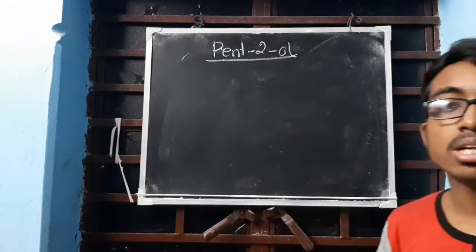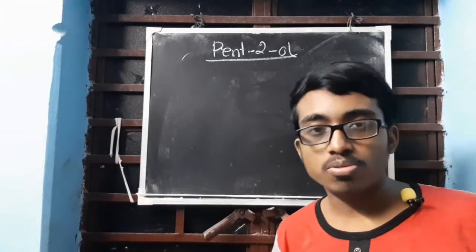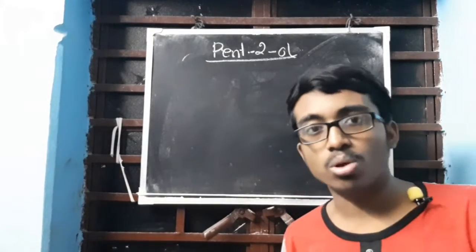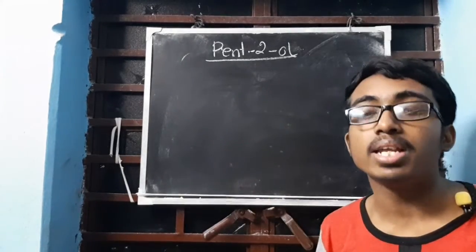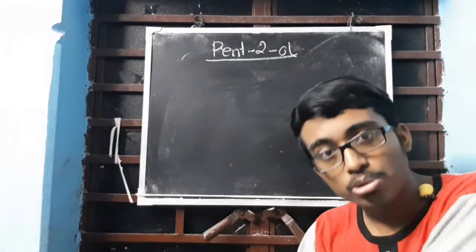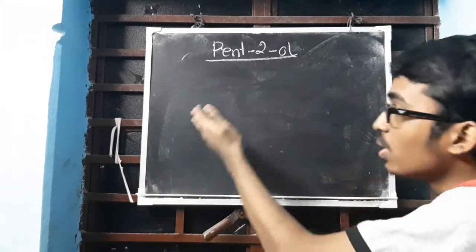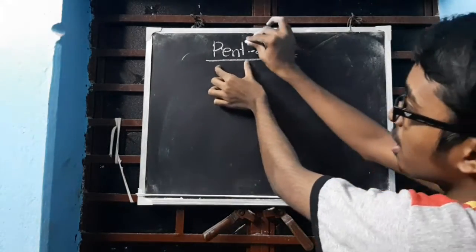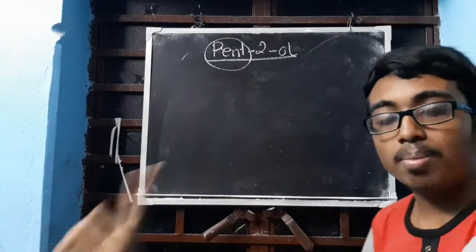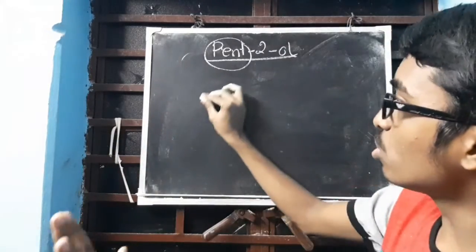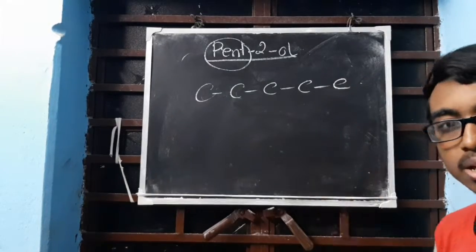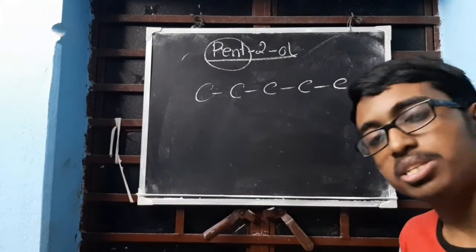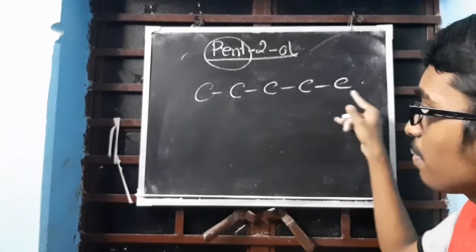You need some basic rules. First and foremost, check the number of carbon atoms in the compound. It will not be written directly; you have to find it out from the name. What is the word saying? Pent. Pent indicates how much? 5. So we need to draw 5 carbons in a straight chain. Later on we will see what other chains will come. Straight chain, 5 carbons done.